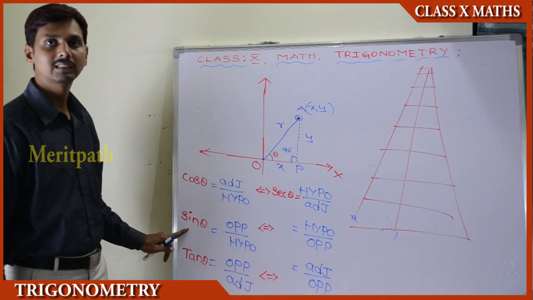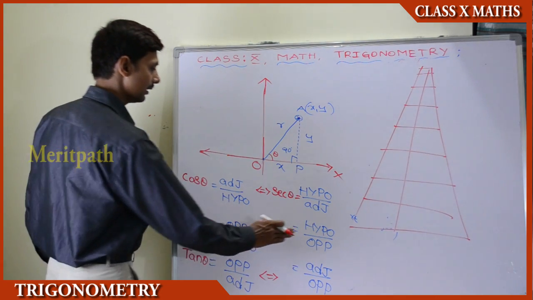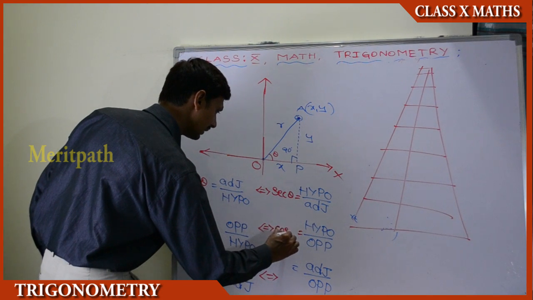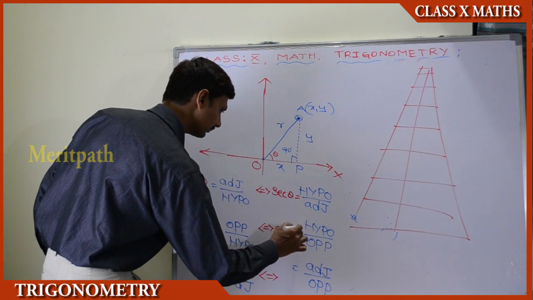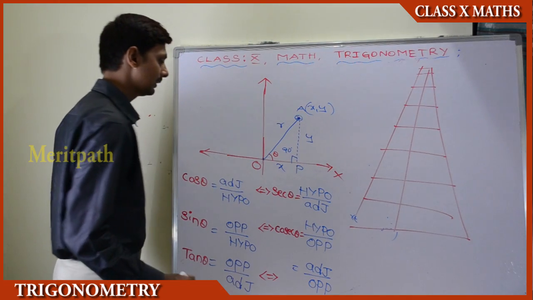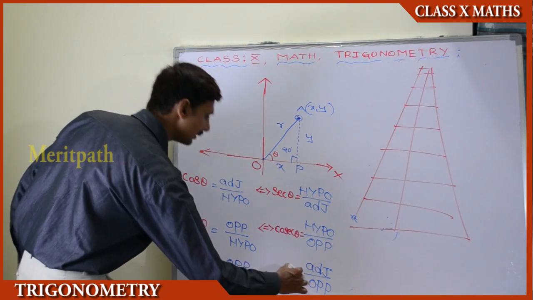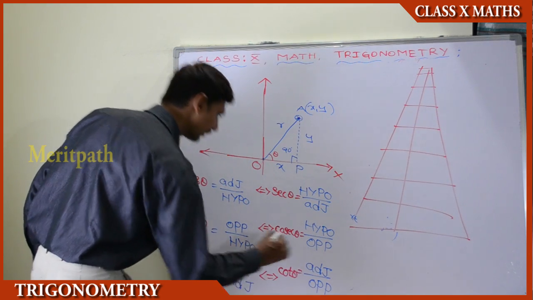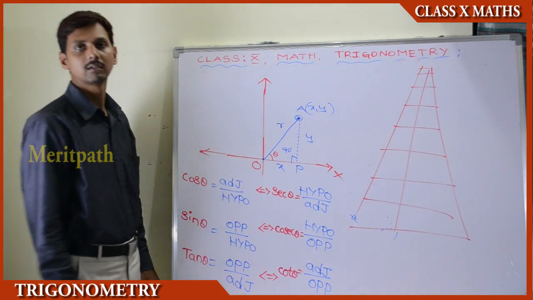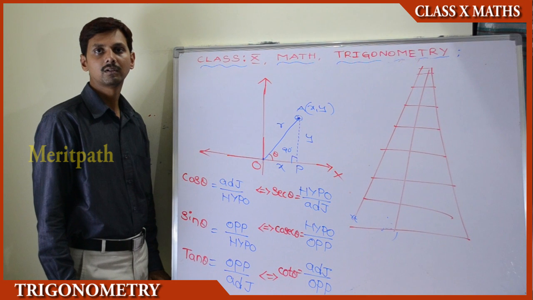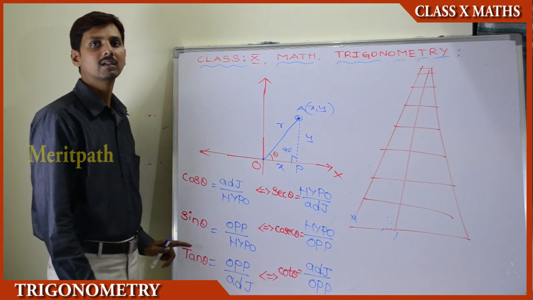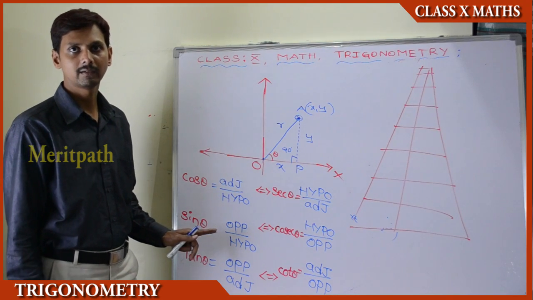The reciprocal of sin theta is called cosecant theta, in short form cosec theta. The reciprocal of tan theta is called cot theta. These are called the 6 trigonometric ratios.